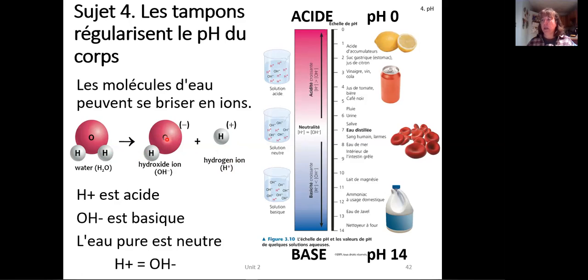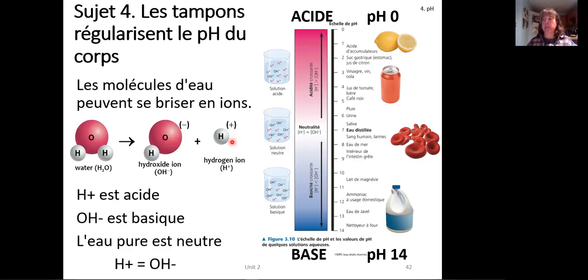The hydrogen and oxygen side is negatively charged. It's called the anion. This anion is basic. When we're talking about pH, it's of a basic pH. It's a base.